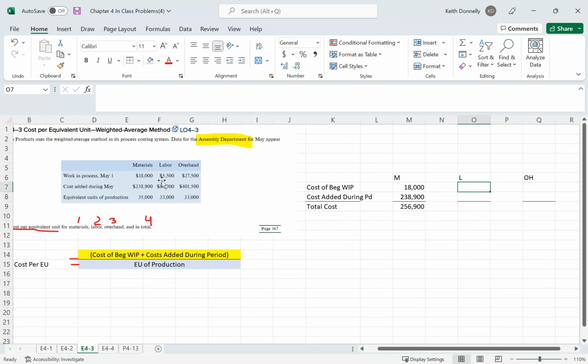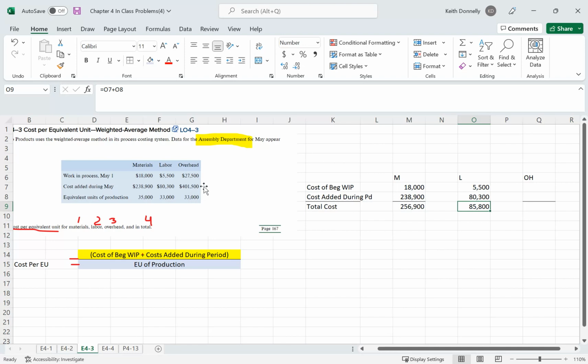With direct labor, we started with 5,500 there. We added 80,300. 5,500 plus 80,300. Looks like with regard to direct labor, we're looking at a total cost of 85,800. Then with regard to overhead, we started with 27.5.